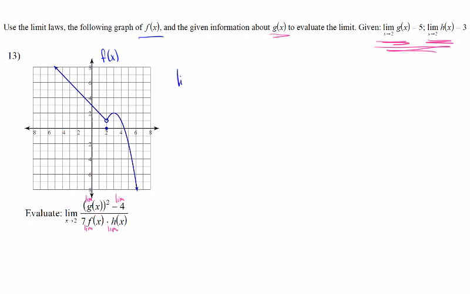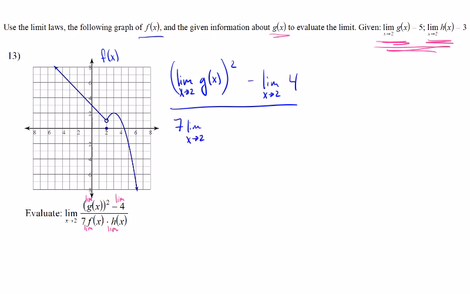It's going to be the limit of g of x, quantity squared, minus the limit of 4, and all of these are as x approaches 2, right? And then all over 7 times the limit as x approaches 2 of f of x times the limit as x approaches 2 of h of x.